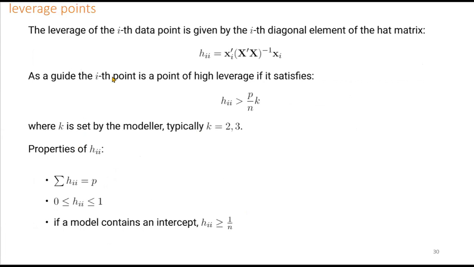So mathematically, no surprise, we're coming back to this hat matrix here. The ith diagonal element of the hat matrix is called the leverage of the ith data point. This x here is a vector.